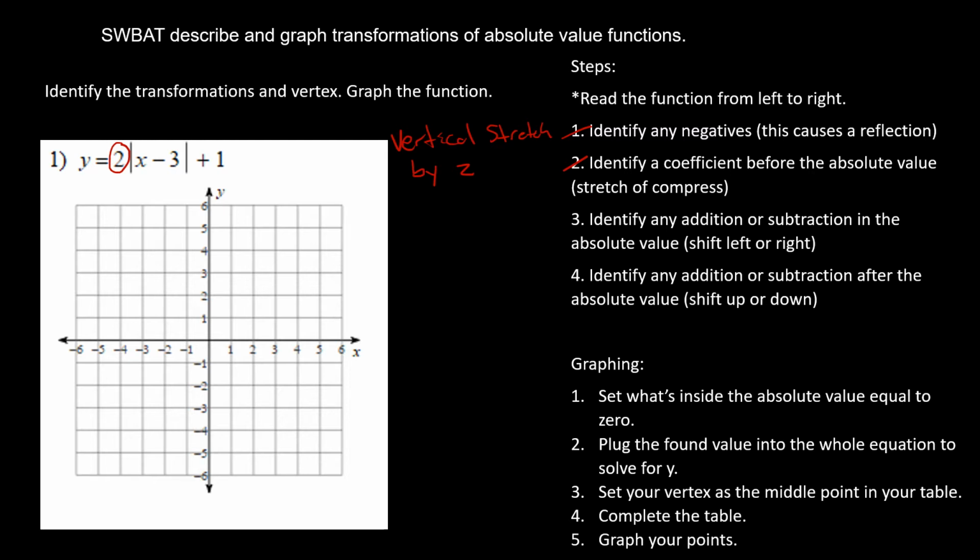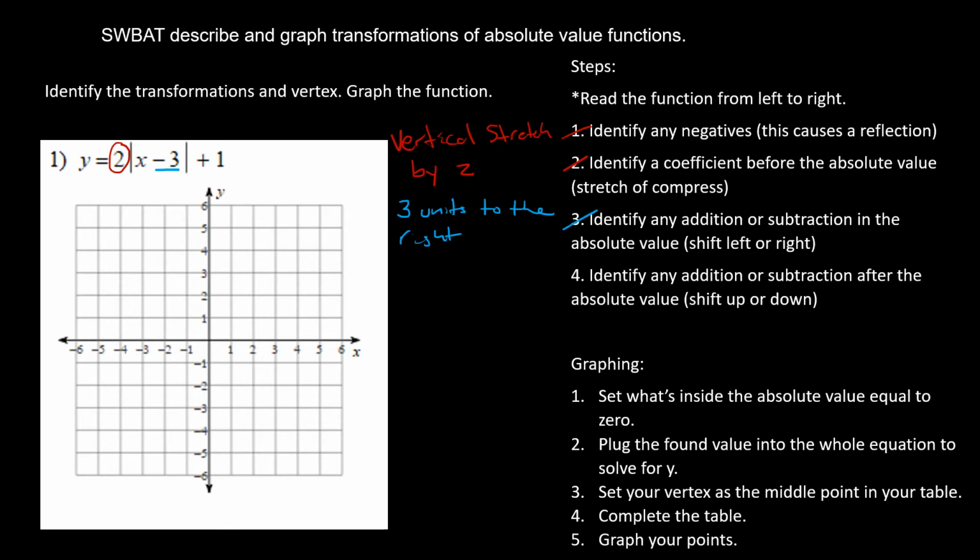The next thing is identify any addition or subtraction inside the absolute value. So inside we have this -3. So when we have a -3, remember we see it as the opposite. So we're going to see it as 3 units to the right. Okay, we got that.